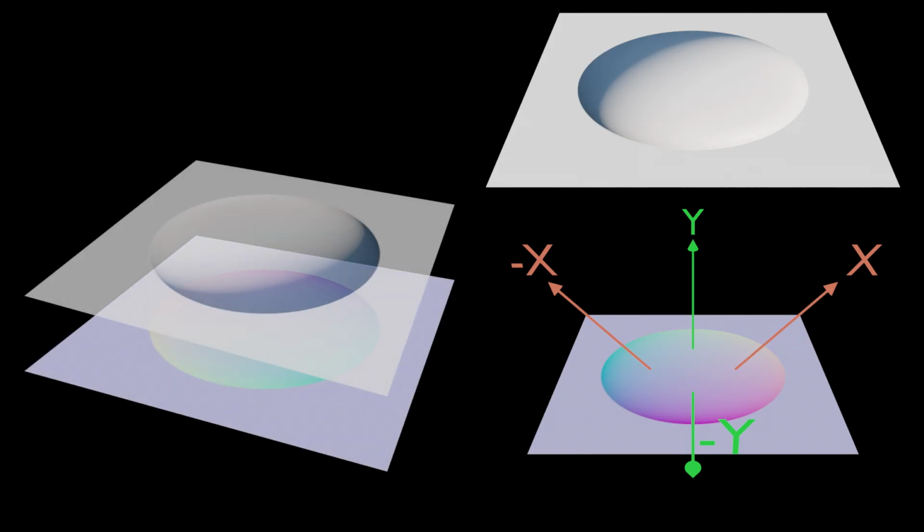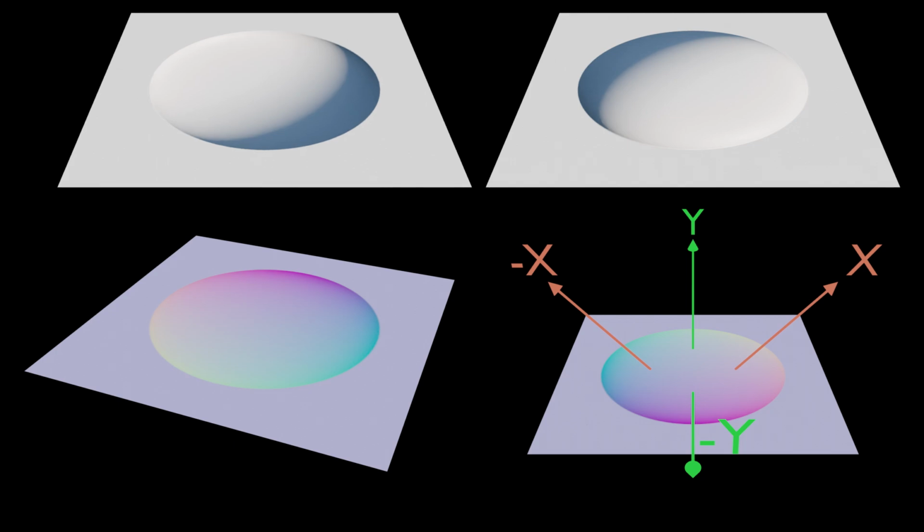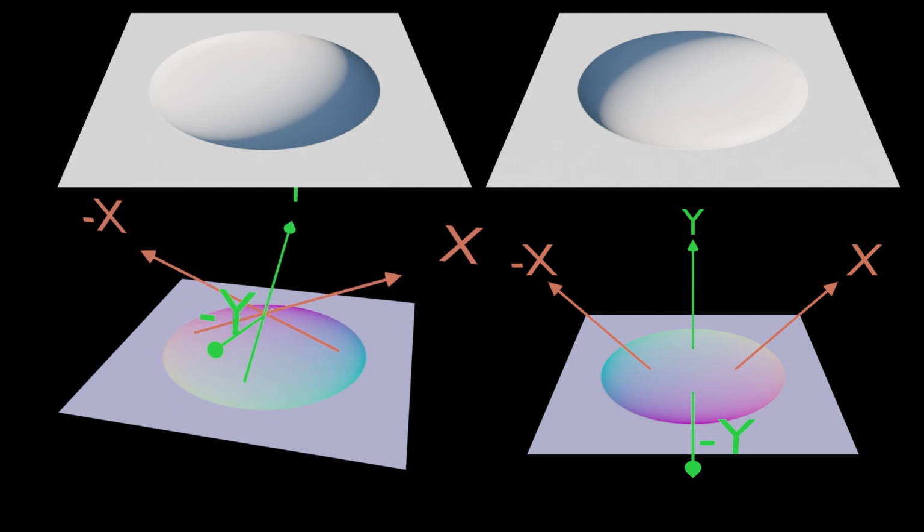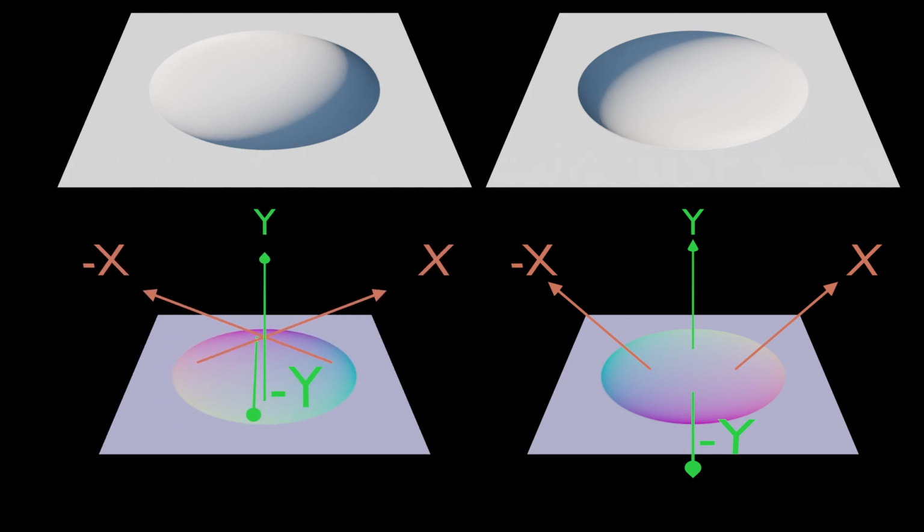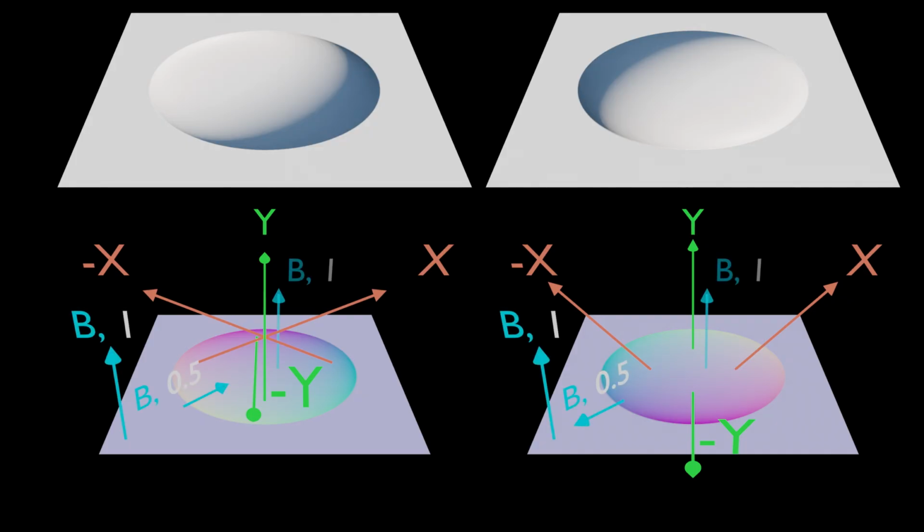When the normal map is concave, these directions are flipped. The negative directions start pointing positive, and the positive directions start pointing negative, creating the illusion of depth. Despite this, as you can see, the blue value remains oriented outward, typically close to 1, except for in areas where the normals start pointing to the side.